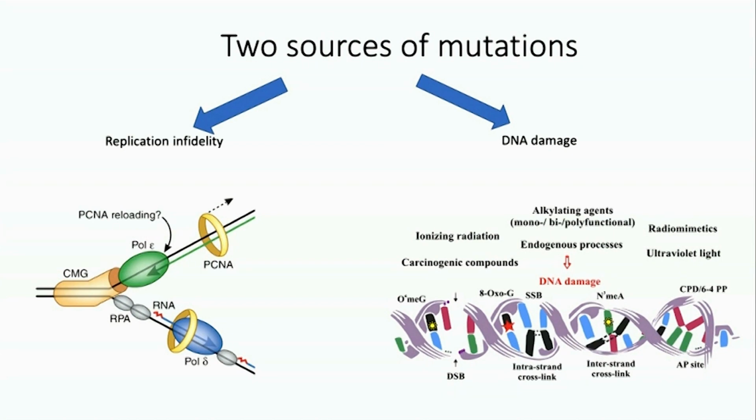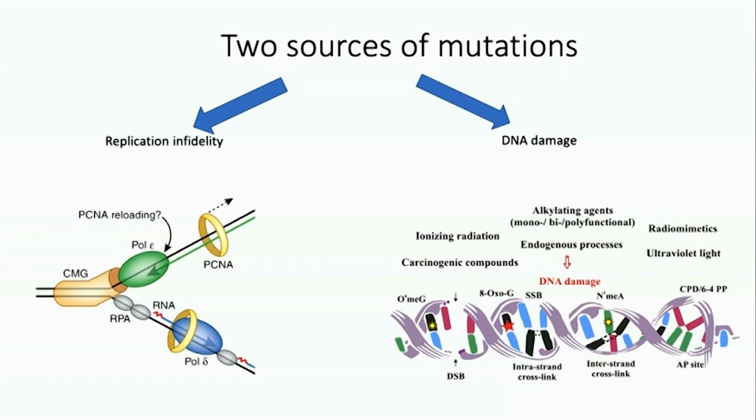Then let's talk about how they occur. There are two major processes that contribute to them. First of all is DNA replication, DNA doubling. And DNA doubling is realized through antiparallel DNA synthesis.